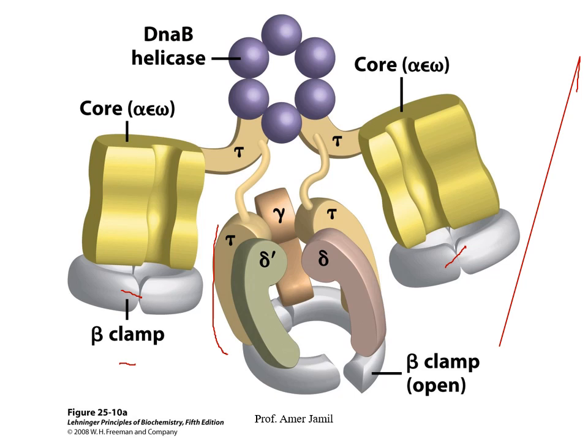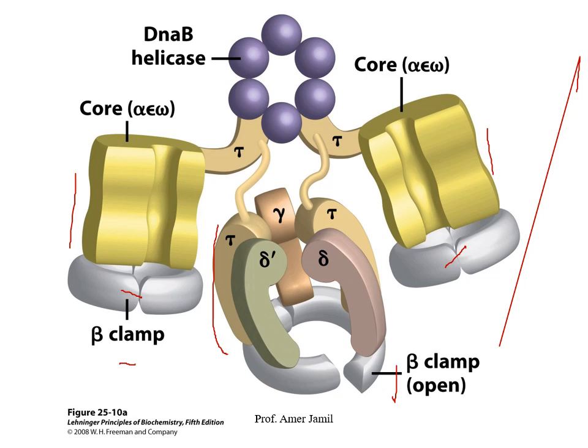And this contains the core. This is the core, and these are the two cores which are present in one set, and these are the tau proteins, and these are the other proteins, and this is the beta clamp which is present at this place, and then it is loaded on two sides. So this is the overall structure of the DNA polymerase 3.